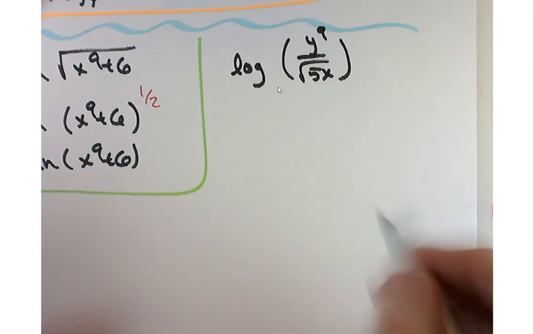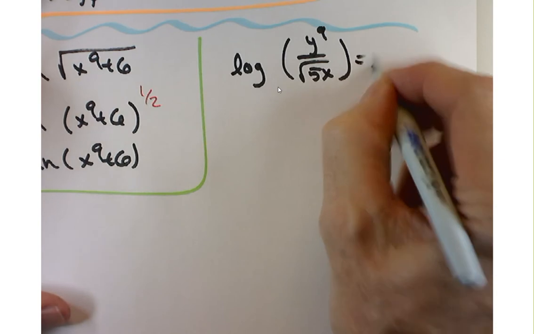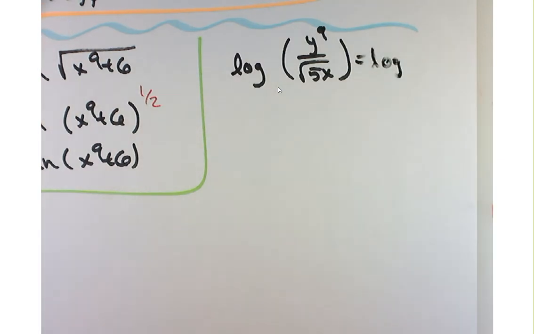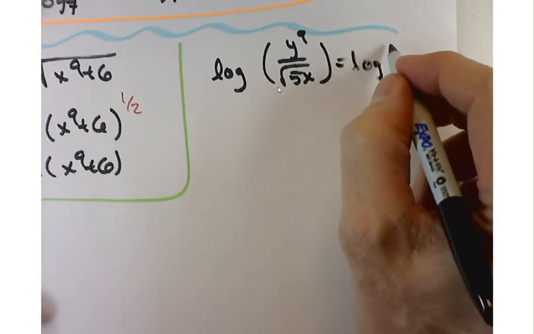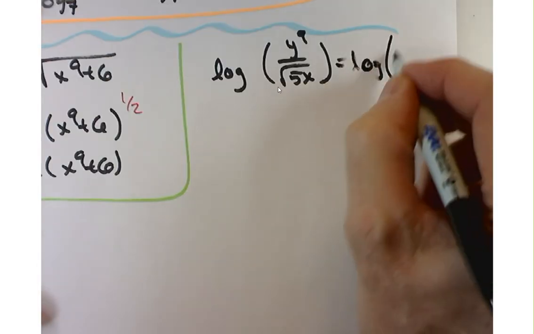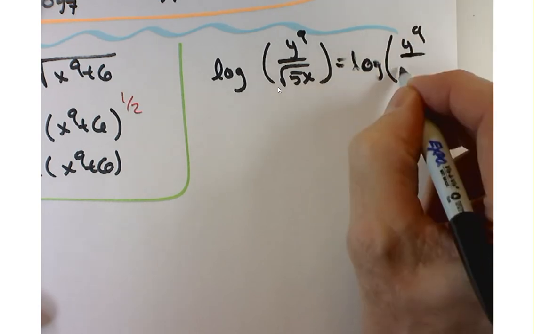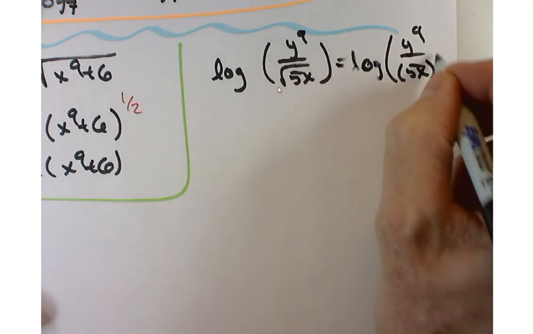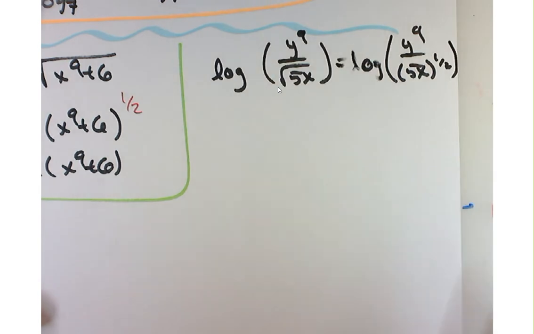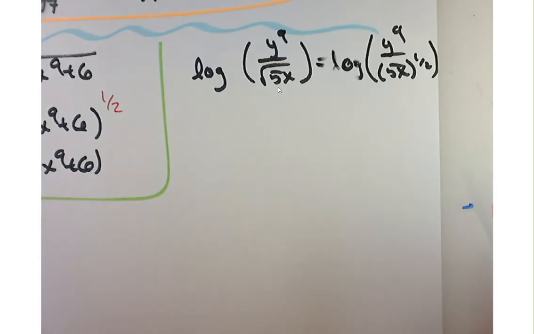I heard get rid of the square root first, so let me do that. That's log of y to the 9th divided by 5x to what power? Y to the 9th over 5x to the 1/2 power. Nice. My morning class said get rid of the quotient by using the quotient rule. Both of them are fine ways to start out.